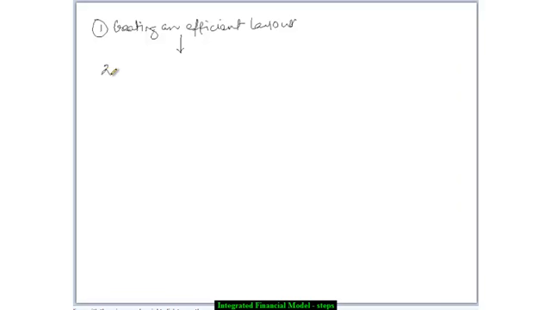So just to summarize, the second step would be inputting the historical numbers for your balance sheet and your profit and loss account.